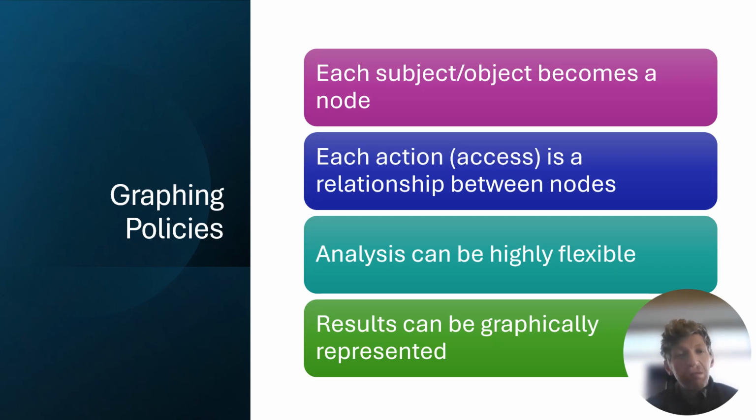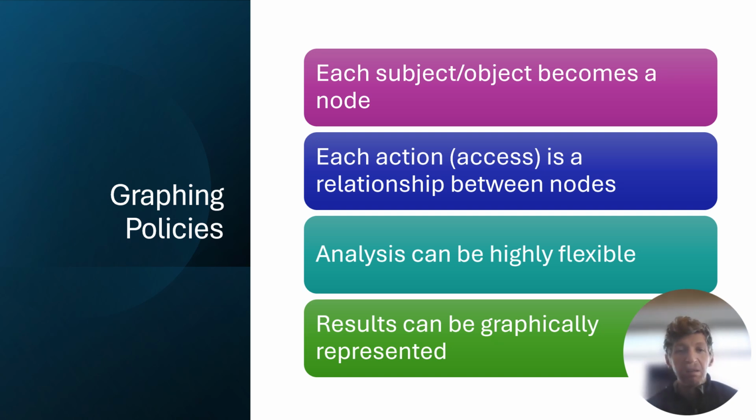And so we propose instead to use graphing analysis for these policies. And so to actually graph the policies from this CSV file, where each subject and object is entered as a node, each access becomes a relationship between the nodes, so the link between them. And so why would you use graphing? The benefit is that analysis of these can be highly flexible, and it allows for either very simple queries if you want to keep things simple, just to answer some questions, or potentially very complicated and very specific queries.